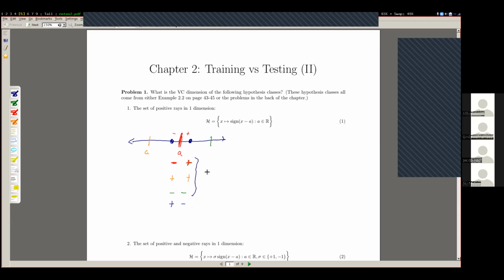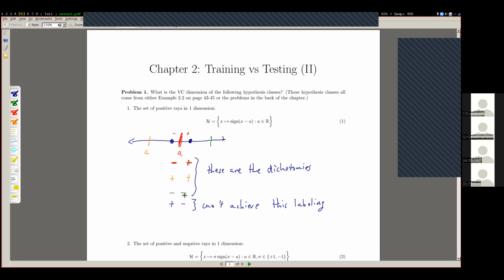These are the dichotomies. We can't achieve this labeling.